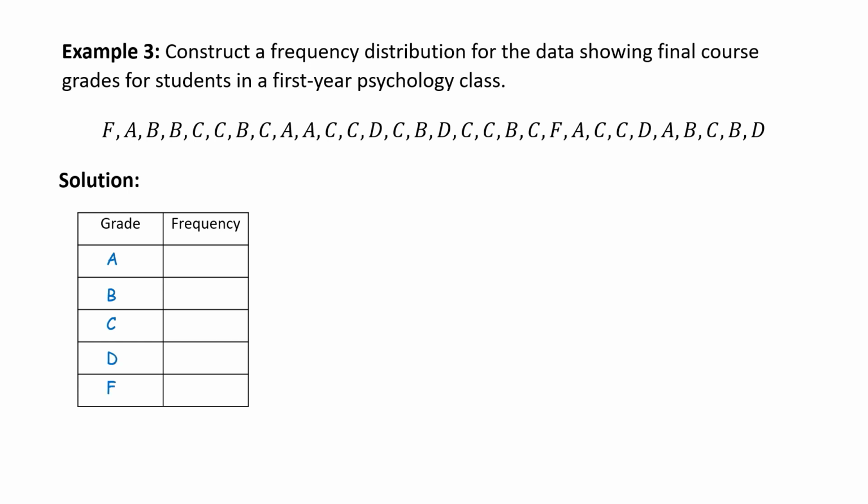Now, we're just going to count up the number of times each of those letter grades occur. I'll read them from the left to the right and make a tally mark every time I see the letter.